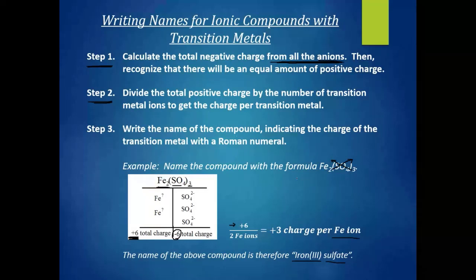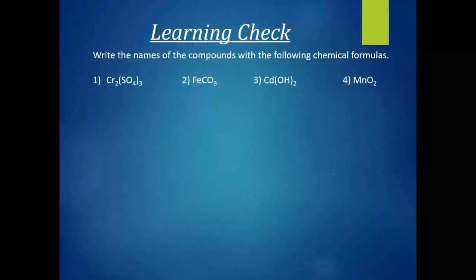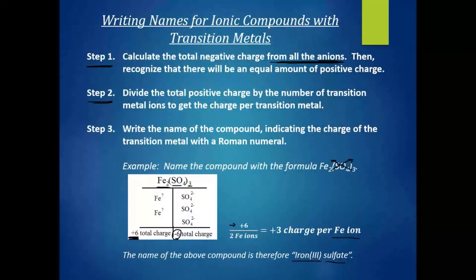I said, I know that some of you are thinking that you might be able to do this reverse crisscross thing where you basically take this 2 and put it up there and say, well, that's the charge of sulfate, and you say this 3, well, that's the charge of the iron, and say, okay, well, then I know that the iron is a +3, and I can just write iron(III) sulfate.